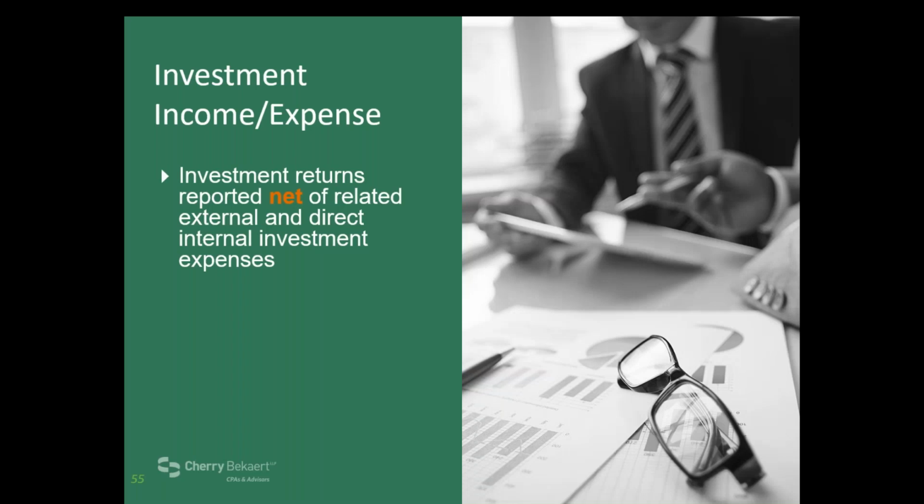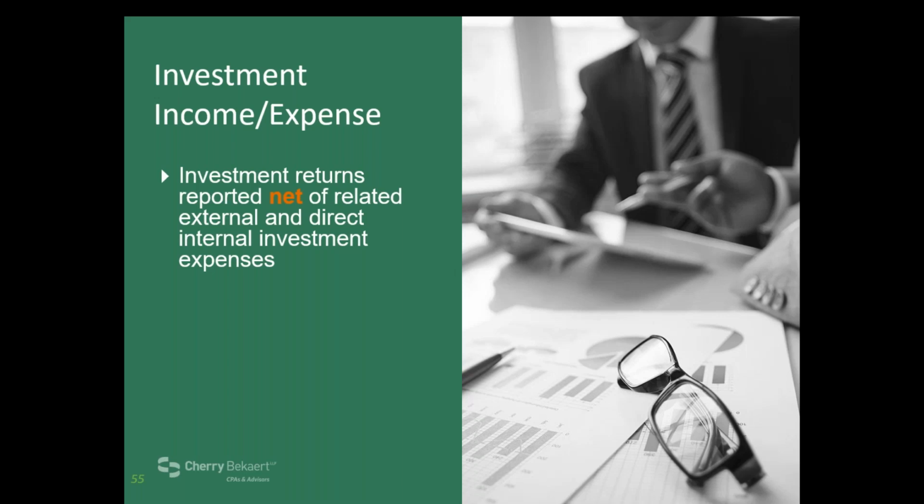And then the second other change, as we previously mentioned, is that investment returns are now going to be reported net of related external and direct internal investment expenses, both on the statement of activities and the endowment reconciliation. So you no longer need to break out realized and unrealized gains separately.